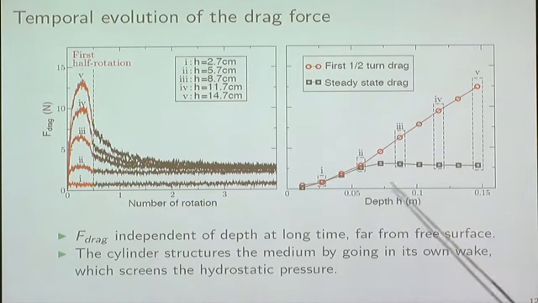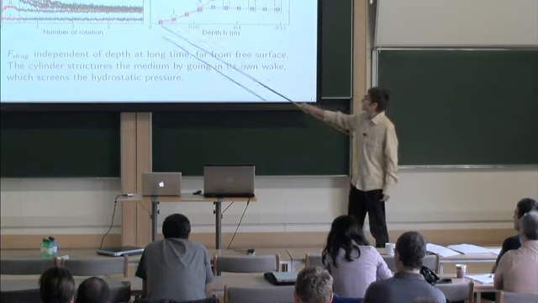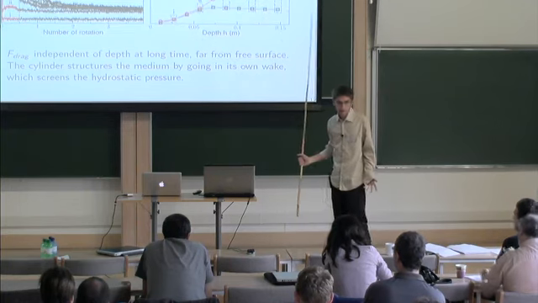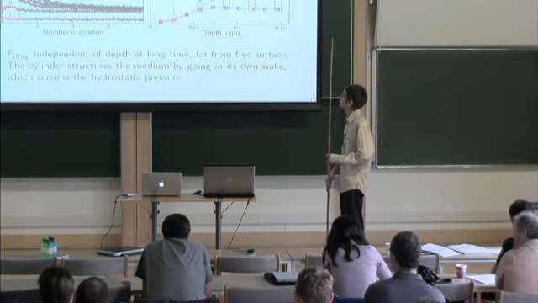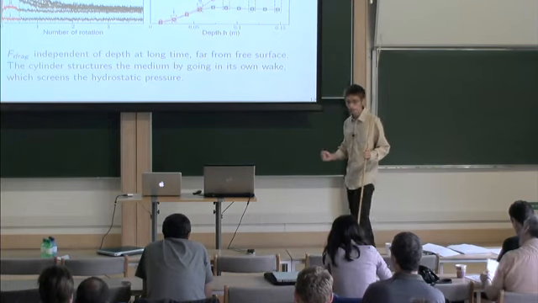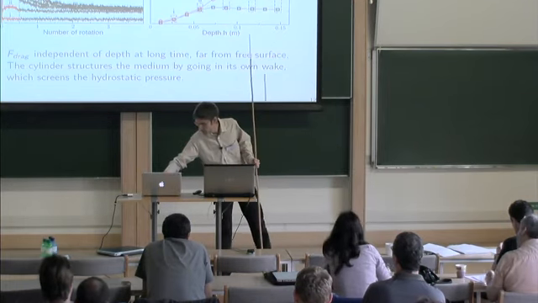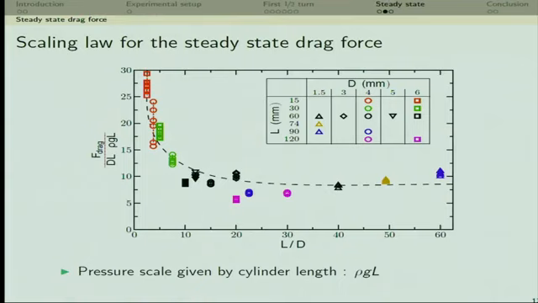But now, what is the scaling for this drag force? Because the previous scaling was with the hydrostatic pressure, but it's no longer a relevant scale for the drag. So we have to find another pressure scale for this force. And what we found is that the relevant pressure scale seems to be the one constructed on the length of the cylinder, as if the cylinder feels a pressure which is rho g times its length.